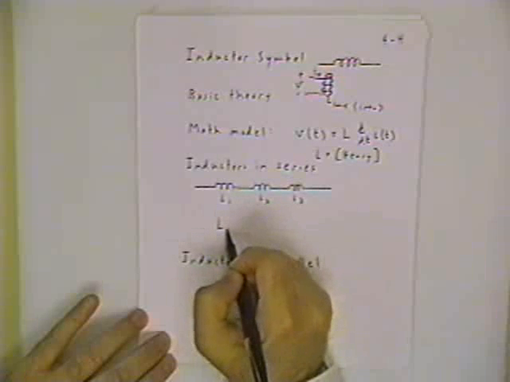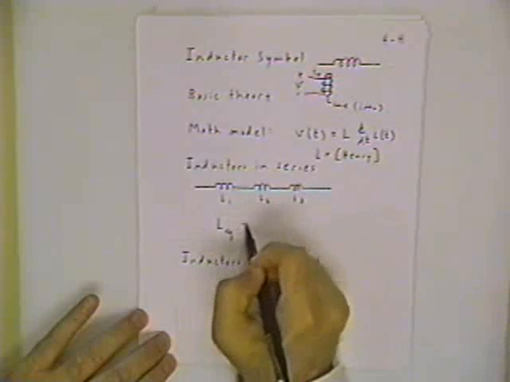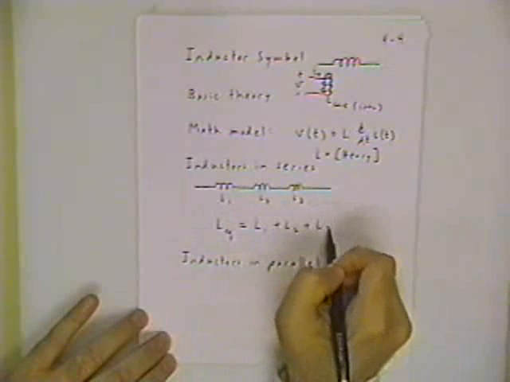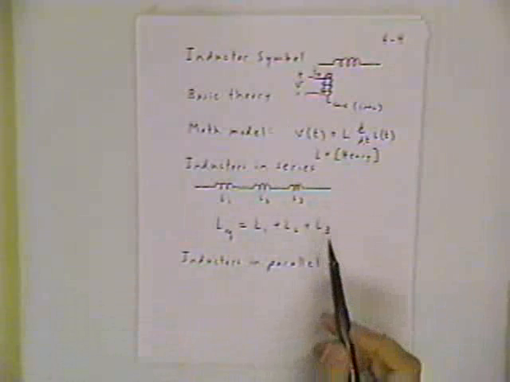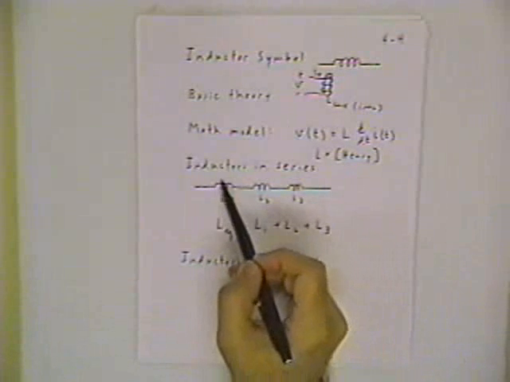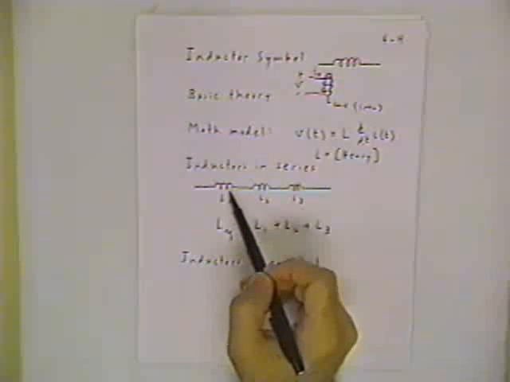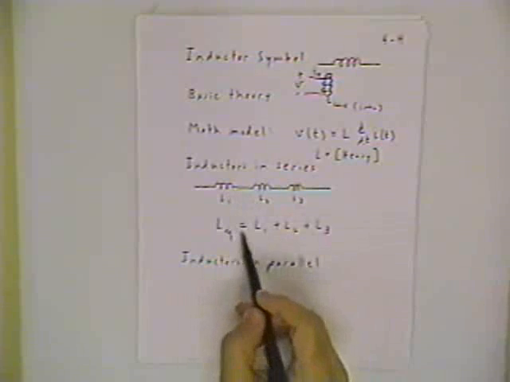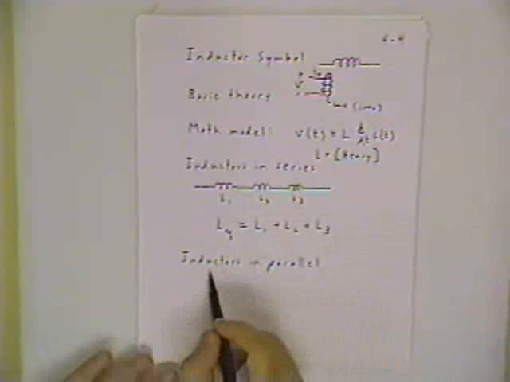The point is, for inductors in series, the equivalent inductance is L1 plus L2 plus L3. All you have to do to remember that is to think of the conducting wire that this inductor is made out of as analogous to a very low resistance resistor. And resistors in series add like this.